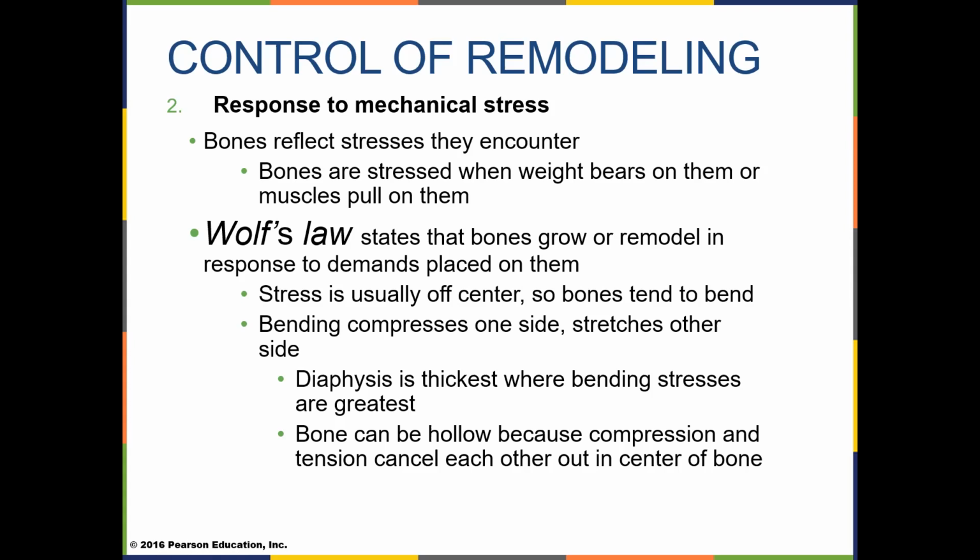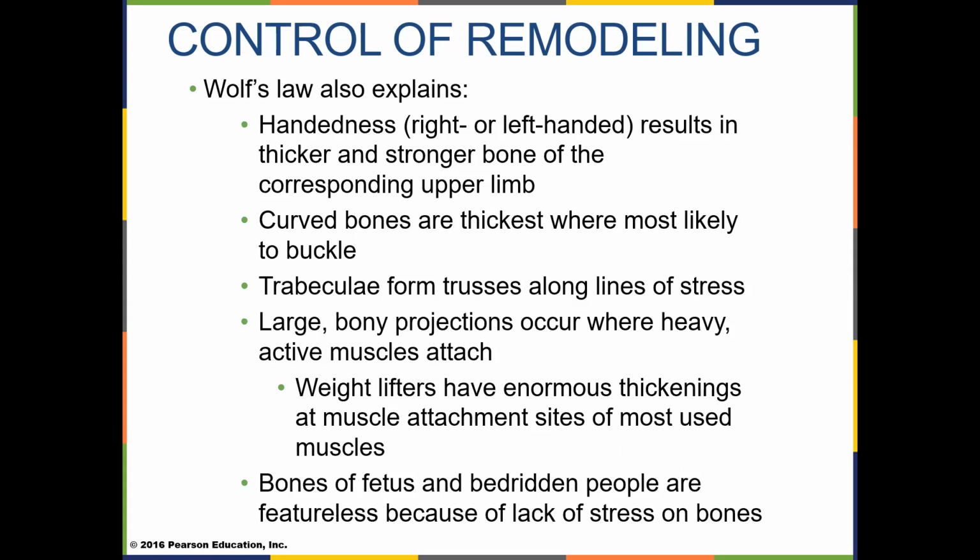And if you've achieved your goal and then you stop lifting weights, then the muscles will start shrinking back down, and the stress on the bones, the force on the bones will drop, and the bones will shrink back down. Wolff's Law has a role in helping to determine the strength of our bones if we are right or left-handed.